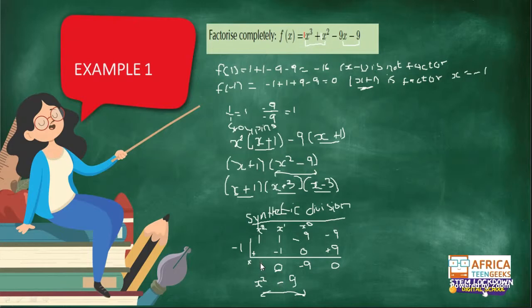So you will have 1 times x squared, which is x squared. And then you'll have 0 times x, which is 0. And then you'll have negative 9 times 1. Because remember, x to the power of 0 is 1. So it will be 1 times negative 9, and then you get negative 9. Okay, I get you, ma'am.